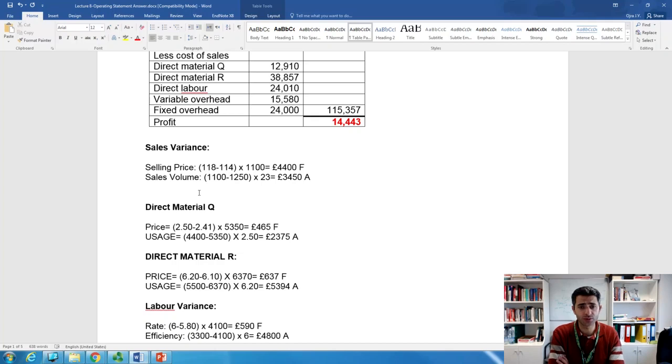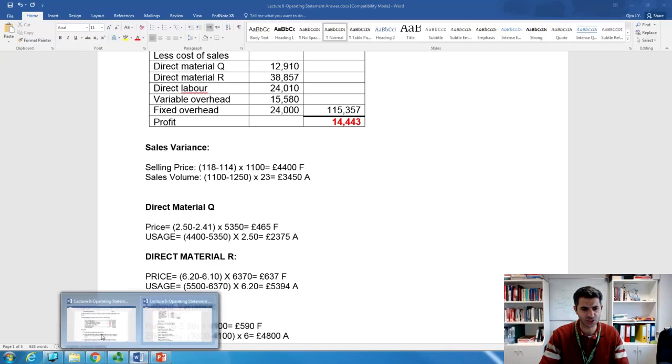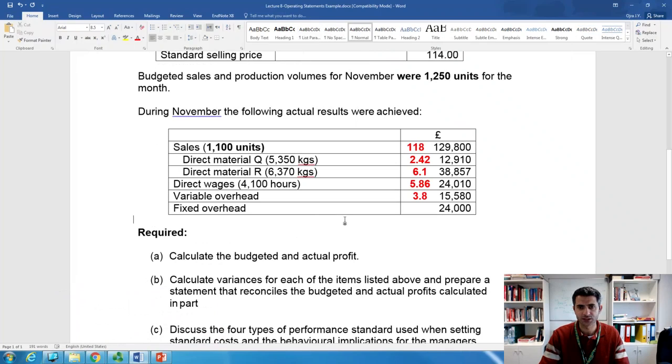What we really need to do is just follow the formula. If you remember, the formula for the selling price variance equals what? It's the 118 pound, which, if you go back to the question, you will see is the actual selling price.